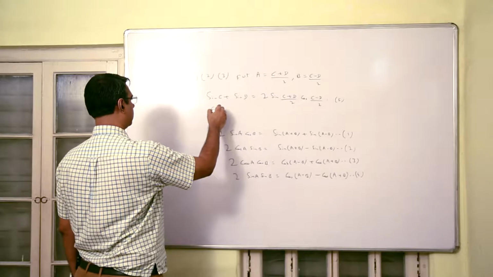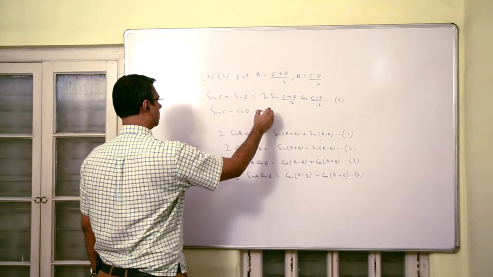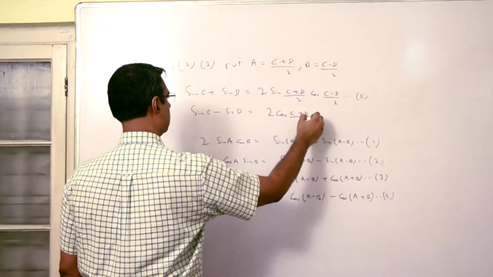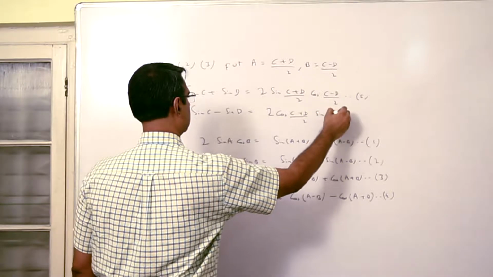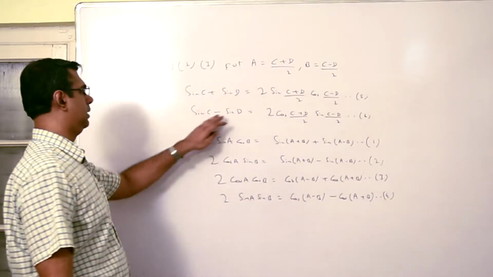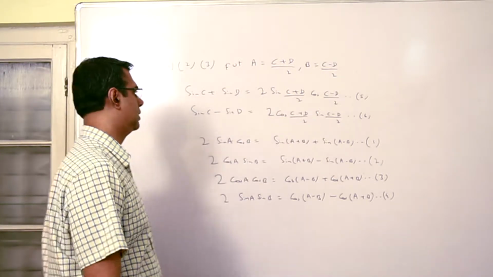Then sin C minus sin D is 2 cos C plus D by 2 sin C minus D by 2.